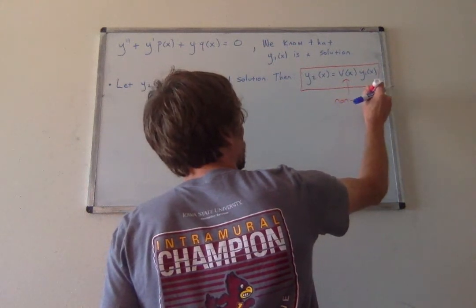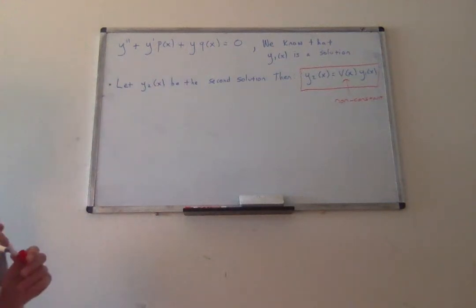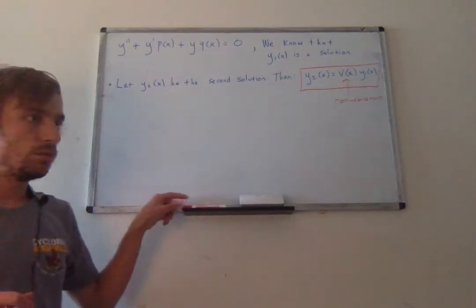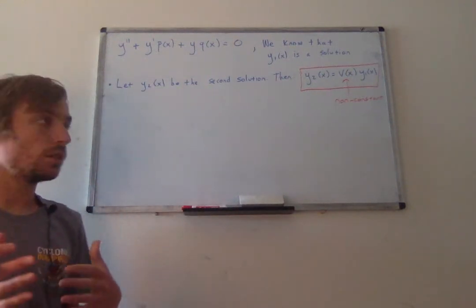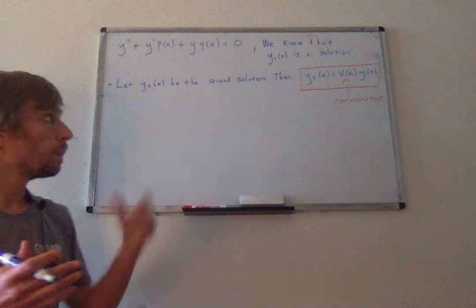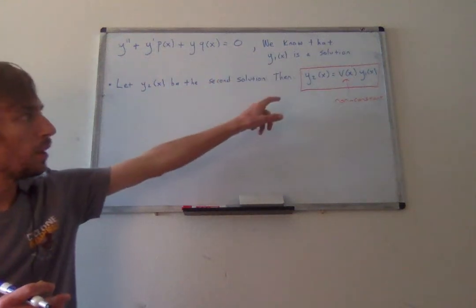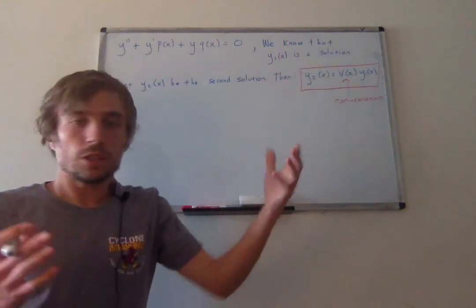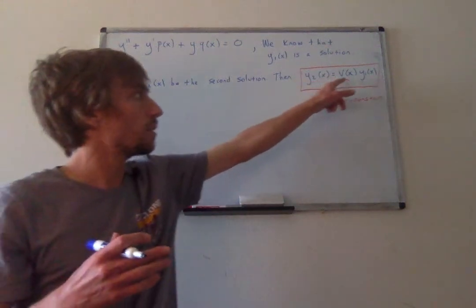So why is this? Well, since y2 and y1 are two solutions, and I'm here assuming that they are linearly independent, that this is the second linearly independent solution from y1, given any two functions, I can always find some function that multiplies the two functions.